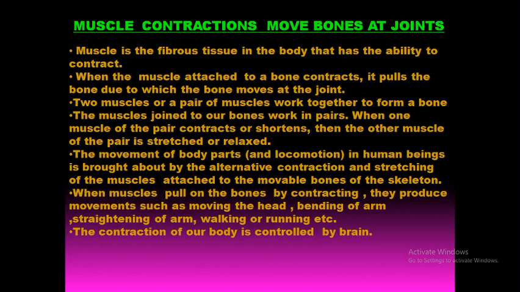So when one muscle of the pair contracts or shortens, then the other muscle, which is the part of the pair, stretches or gets relaxed. So the stretched state of the muscle is also called the relaxed state.